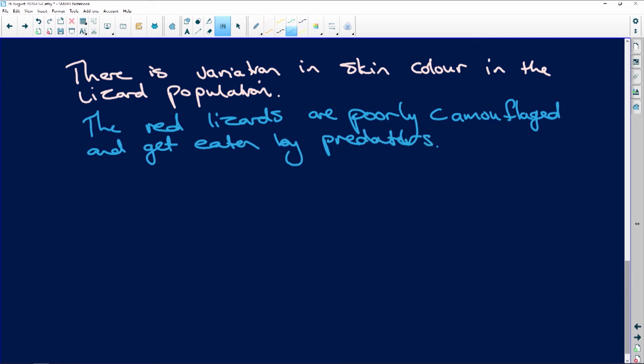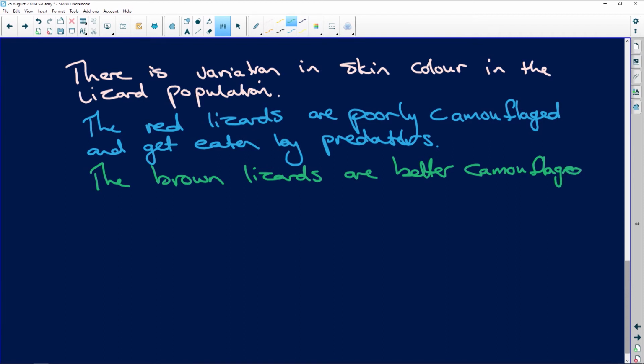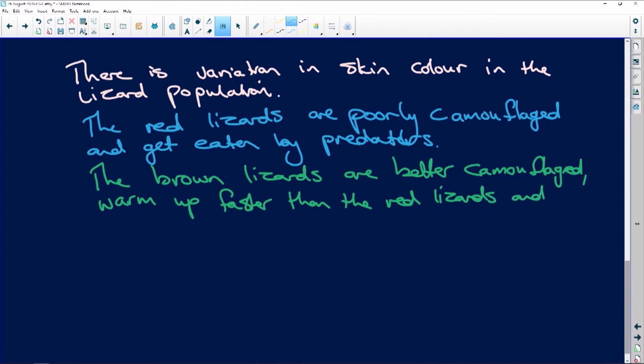Okay, they die. Right, now we'll use a different color. The brown lizards, well, they carry on for a while, so they are better camouflaged, warm up faster than the red lizards, and have energy to move faster to escape predators.